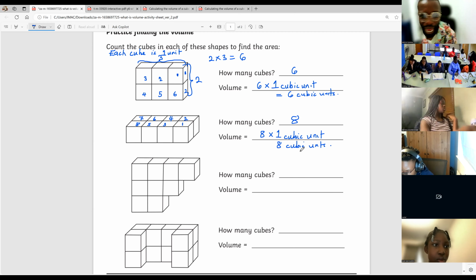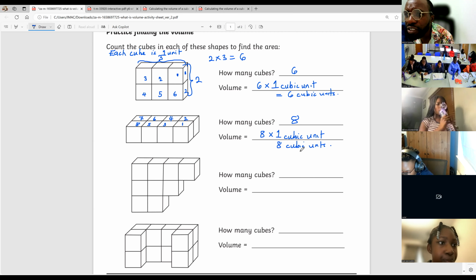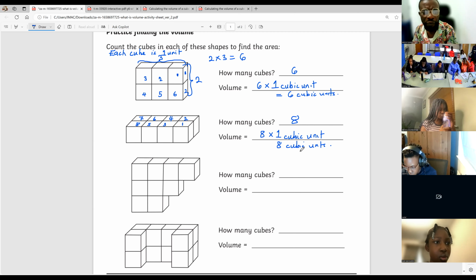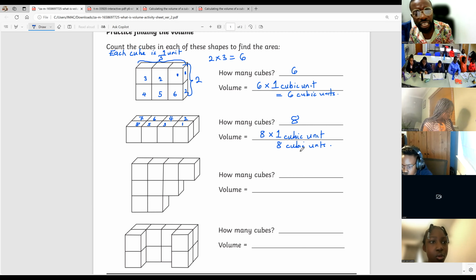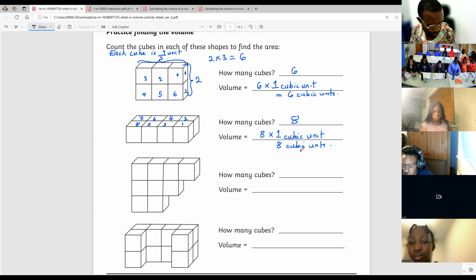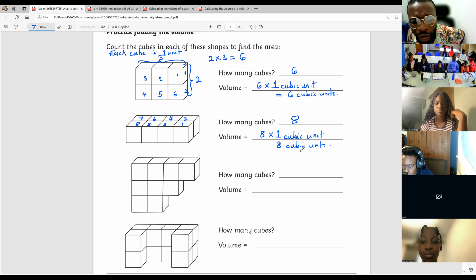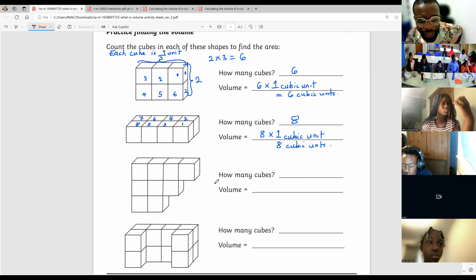Okay, now let's see. How many cubes can we see in the third? I want Ore to count it for us. Ore, can you count how many cubes we can see in this particular one? 9. Okay, let's verify if it is 9.